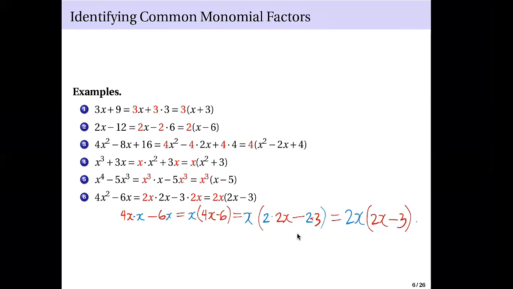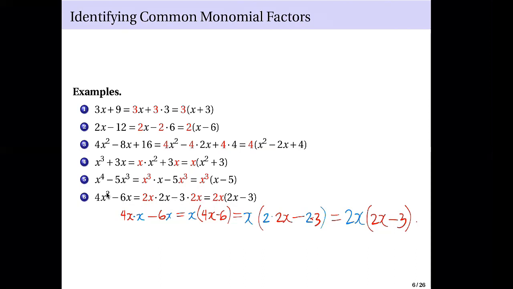So these are examples of factoring by identifying common monomial factors. Question: can I write just like 2x, like in the last one? Do we need to write everything like this, how you did?